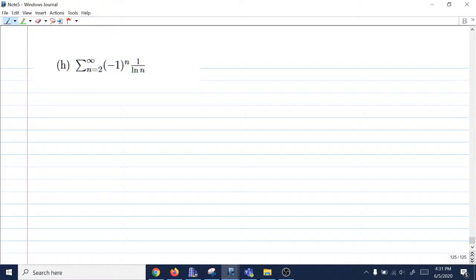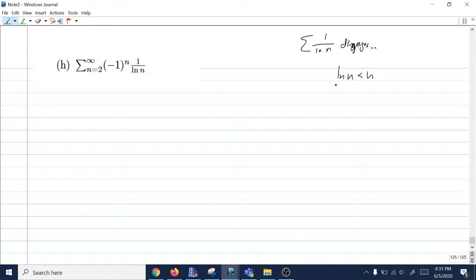What's going on here? What's the sum of 1 over log n do? It diverges. Is it obvious that this diverges? Well, log n is less than n. So this fraction is bigger than 1 over n, and the sum of 1 over n I know diverges because it's the harmonic series.